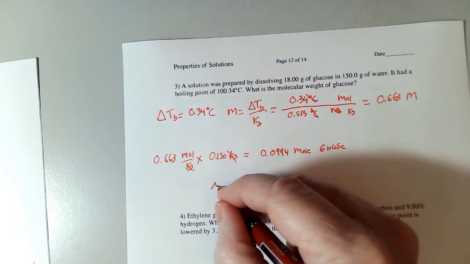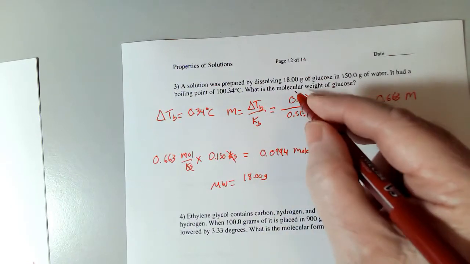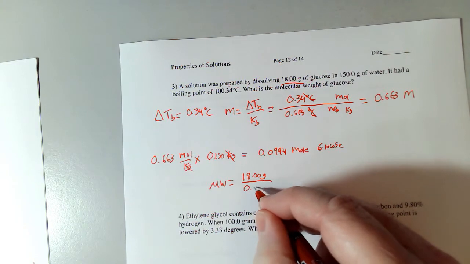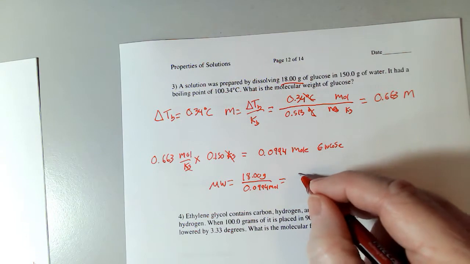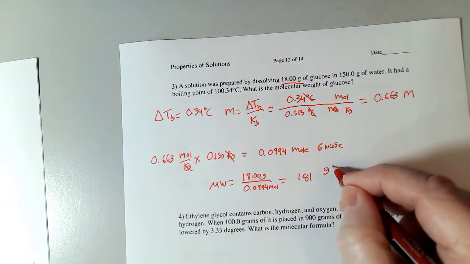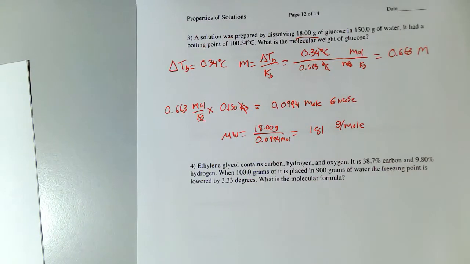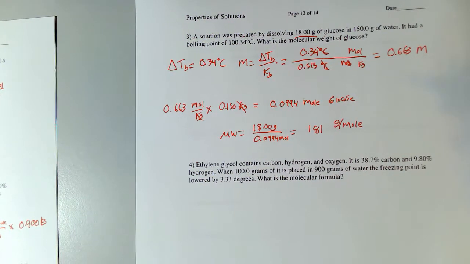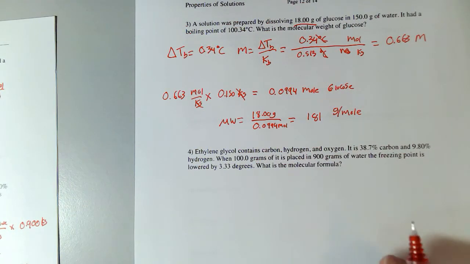Well, I know originally that I had 18.00 grams of the glucose, and it corresponds to 0.0994 moles, and this equals a molar mass of 181 grams per mole. Okay? So this is how we can use it to identify molar masses, and you're going to have to do this on your next test.